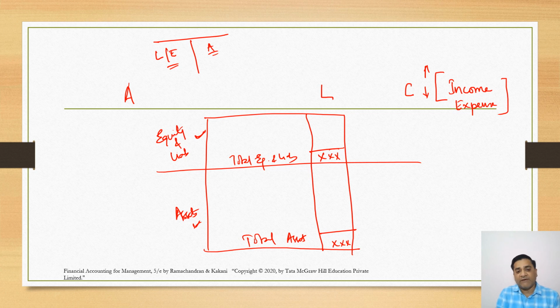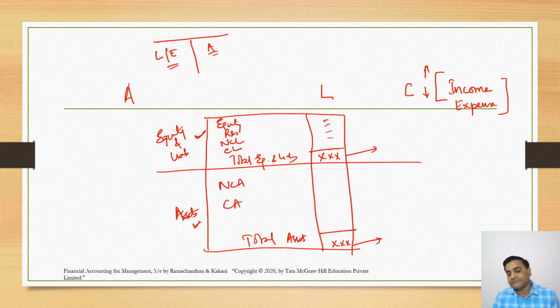which means here you would have capital or equity, you have reserves, you have non-current liabilities, you have current liabilities. Here you would have non-current assets and you have current assets. The total of this all should be equal to this total. That's it.